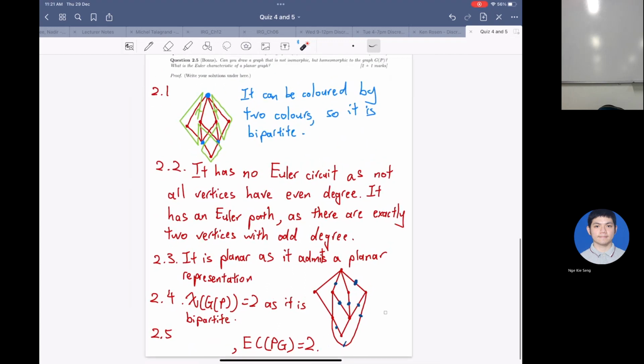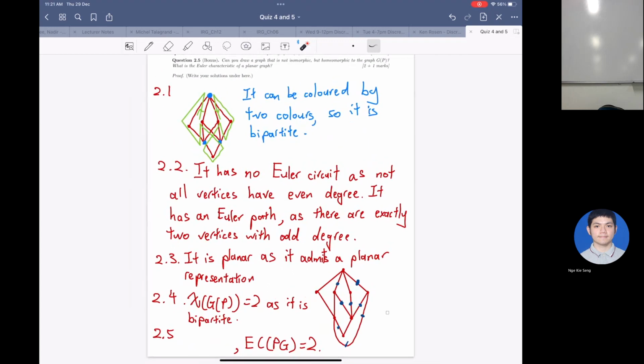So bonus mark, I ask you to draw a graph that's not isomorphic but homeomorphic to the graph. For homeomorphic, you just do elementary subdivision. Non-isomorphic means the number of vertices might be different, or the way you connect the edges is different.